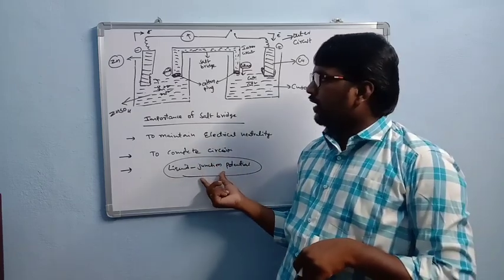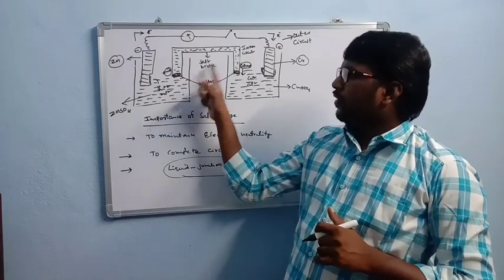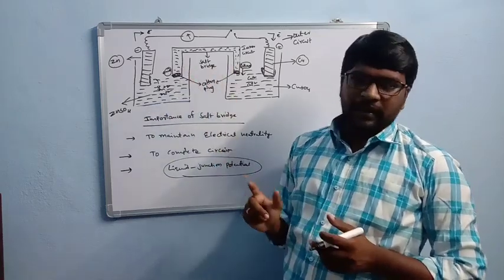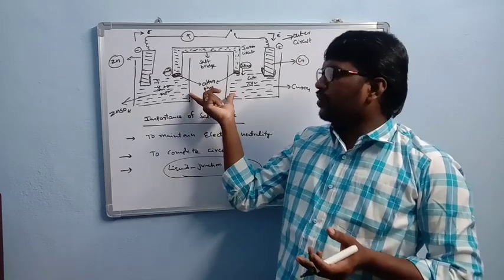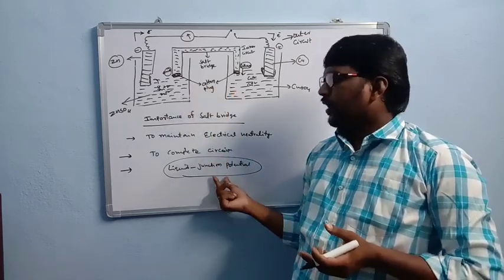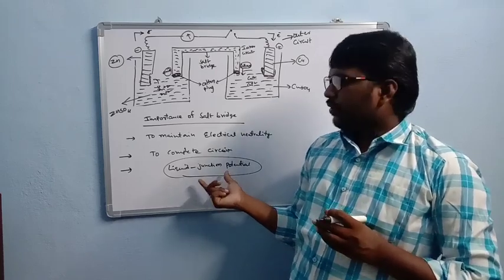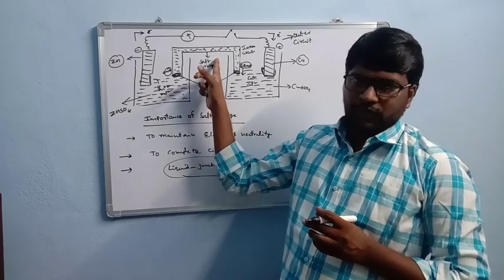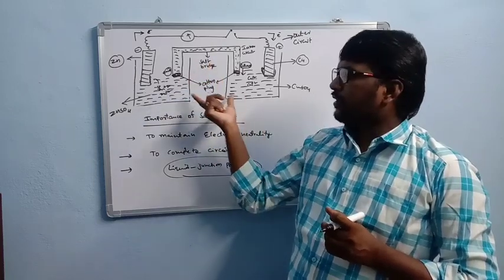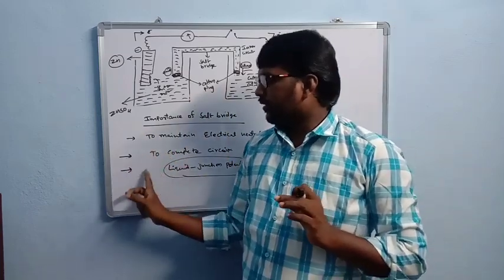To stop this liquid junction potential also, the salt bridge is used, because cations and anions migrate only through it. These two solutions are not mixed. If they were mixed, we would get some liquid junction potential, and due to that some potential difference would be present. So when we use a salt bridge, these two electrolytes are not mixed. These are the main importances of the salt bridge.